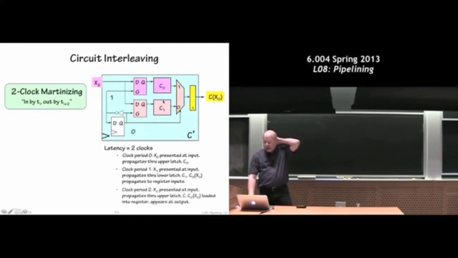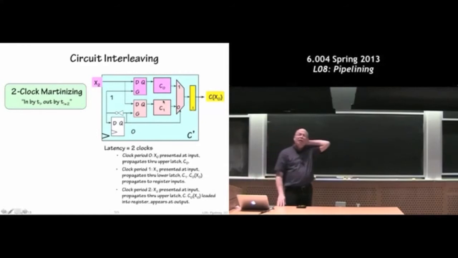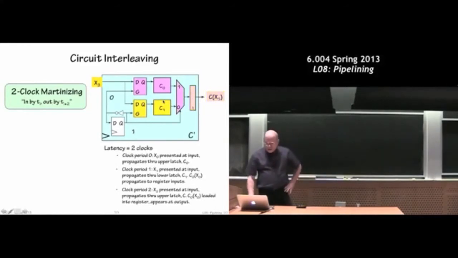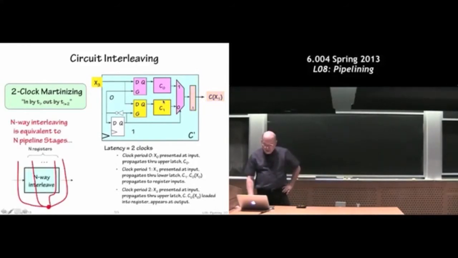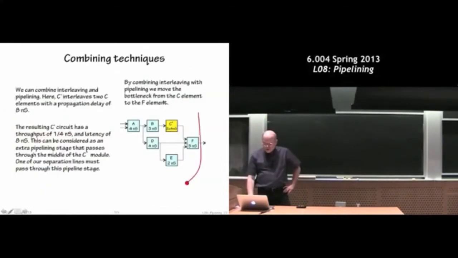And then after the second clock edge, we get our output and start processing the third input. So if we have an n-way interleaved component, it appears to be equivalent to n pipeline stages. This is a neat general technique for doing the right thing.